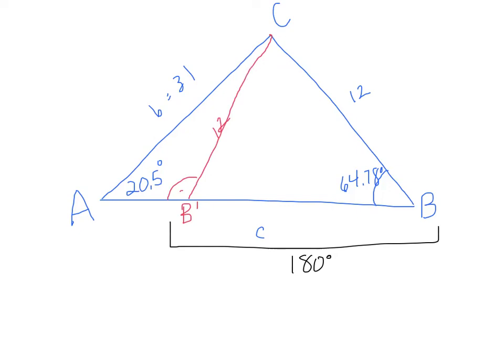So if this is supplementary, we found this angle right here, this B, to be 115.21. Well, that's going to change everything, because you have 20.5, 115.21, and so we found this C angle to be just 44.29, much smaller. If this changes, then this C is also going to change.